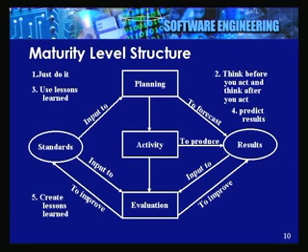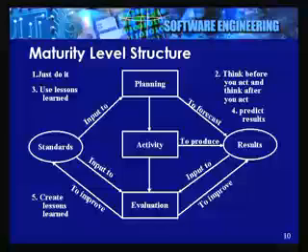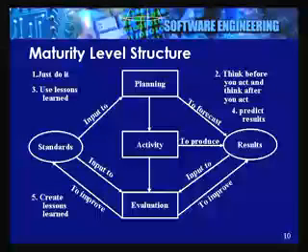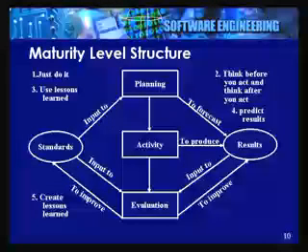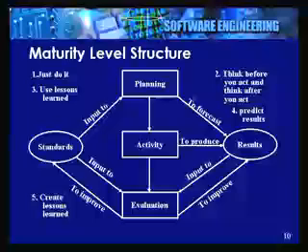Now let us look at the slide again. When you want to go from level 1 to level 2, what do we really want? The first thing that we need to do is start planning. Then we need to have some kind of feedback coming in. So we need to take what we plan as a result, get the feedback, and keep on improving the results based on the evaluation.